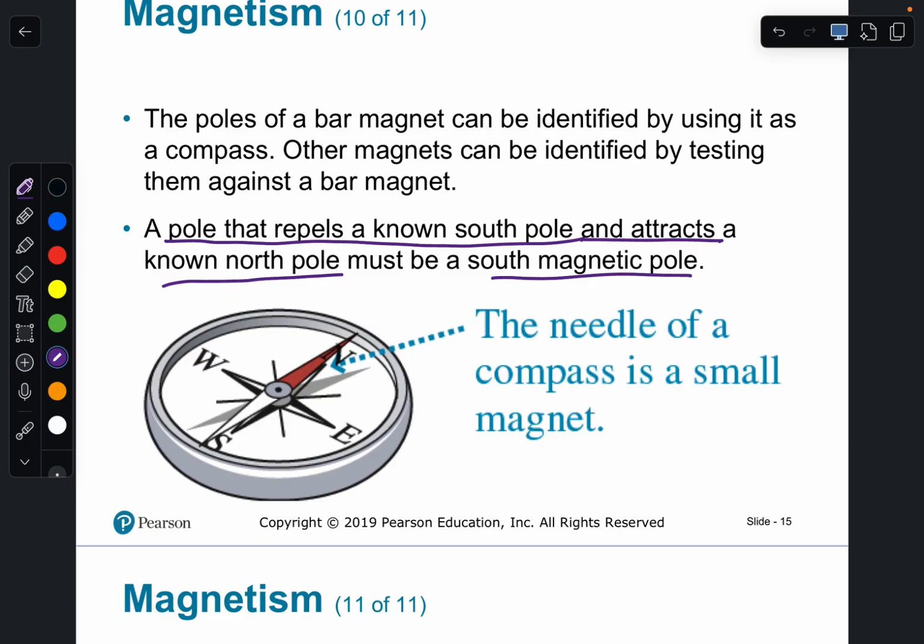In other words, if we're facing south over here, and this red needle, which is represented by the North Pole, is attracted to this pole, then you know that what you have right here is a South Pole. It's kind of an obvious statement, but when you read it, it's like, aren't you saying what I think you're saying? North and South are attracted to each other.